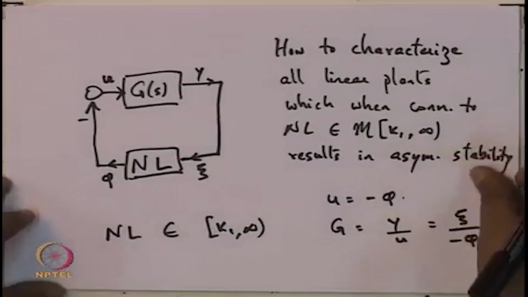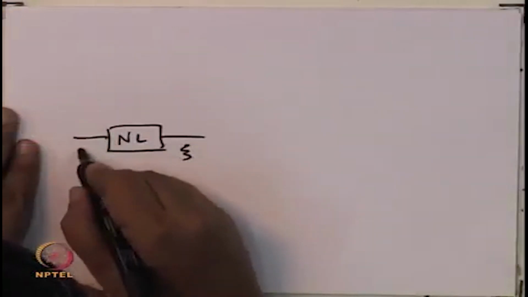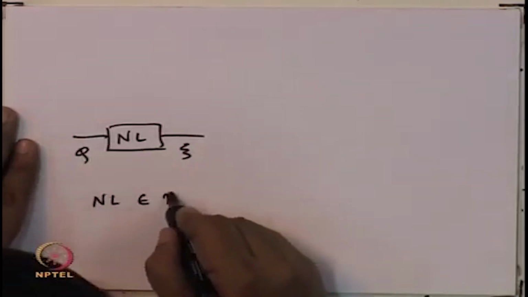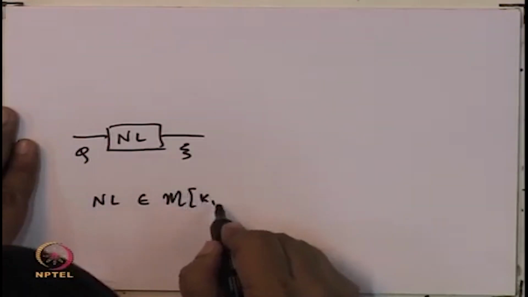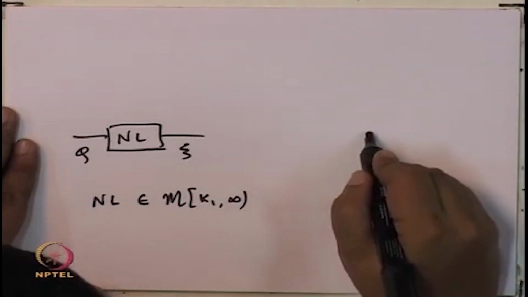Now, earlier we saw that given this nonlinearity with input psi, output phi, such that this nonlinearity belongs to the K1 infinity sector, you can get a new nonlinearity.